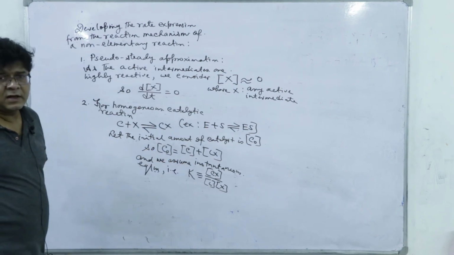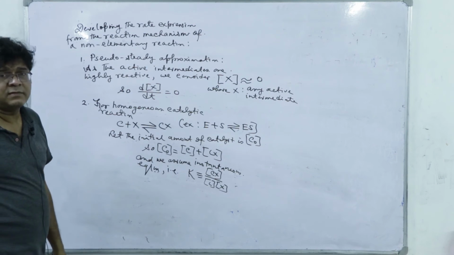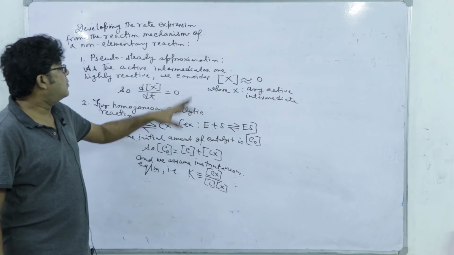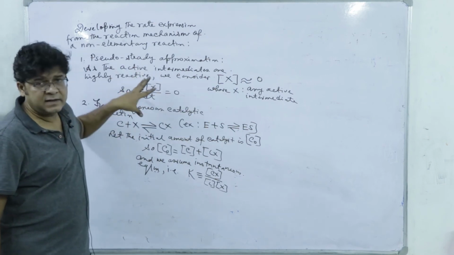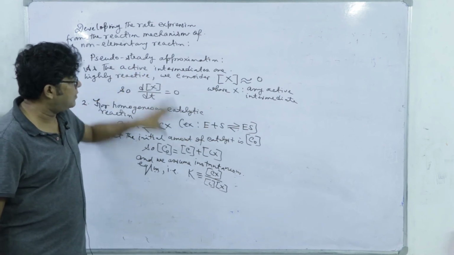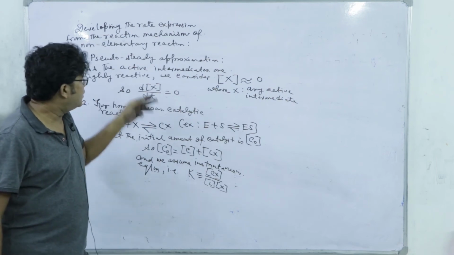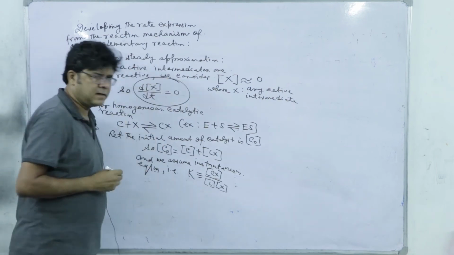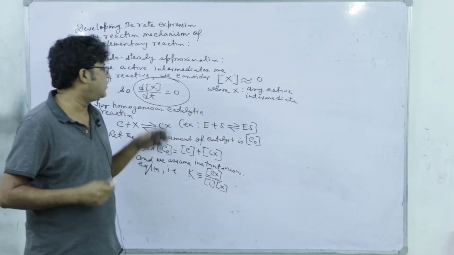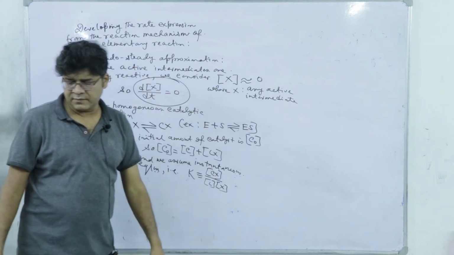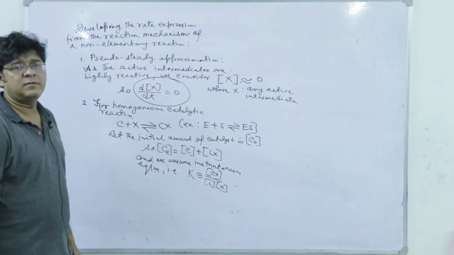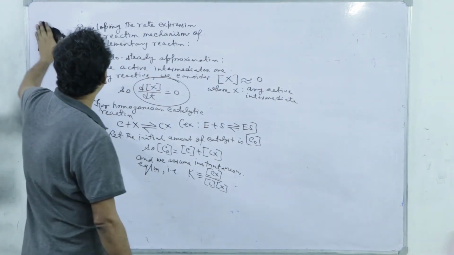So, this is a typical methodology we use to derive the Michaelis-Menten kinetics, though I am not going to discuss it right now. But the point is, Michaelis-Menten kinetics is also derivable from pseudo-steady approximation. So, we will focus mostly on this, and from there we will try to derive what should be the tentative rate expression for a non-elementary reaction, provided we know a mechanism.